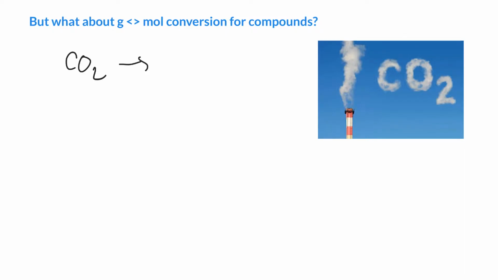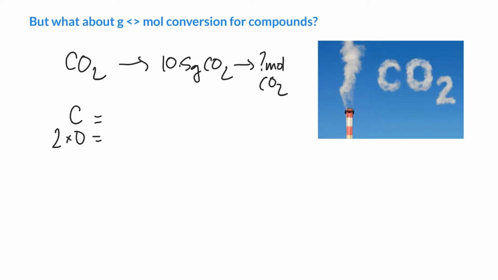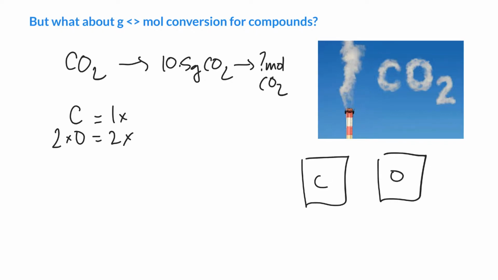How would we take 10.5 grams of CO2 and count the number of molecules? It turns out that the secret is not too bad. We take carbon dioxide and say it is made of 1 carbon and 2 oxygens, and we know the weights of both, because a carbon atom weighs 12.01 AMU, and an oxygen atom weighs pretty much 16 AMU.